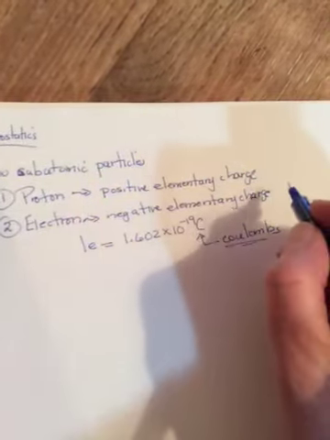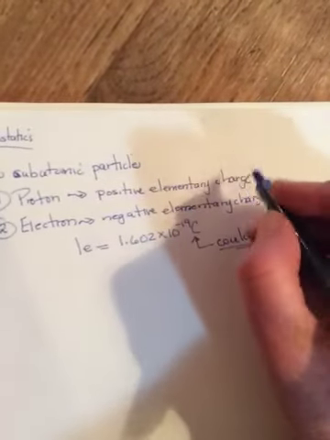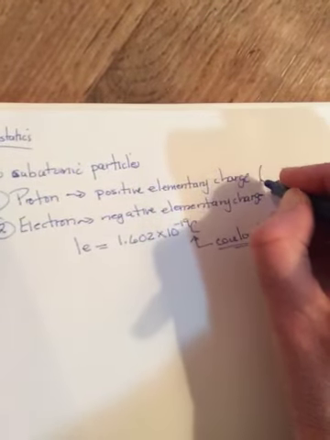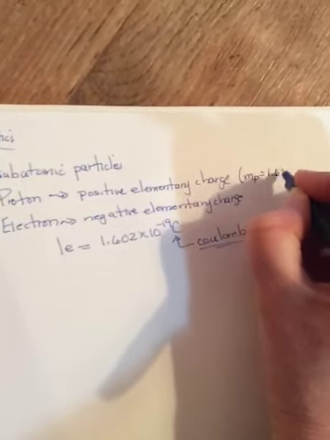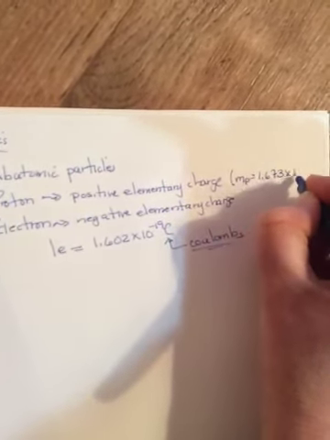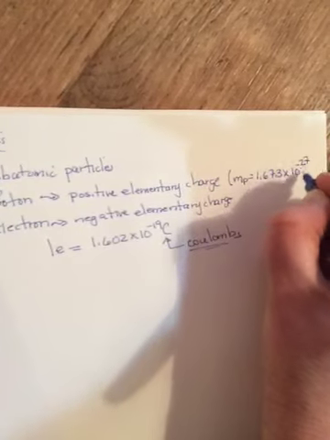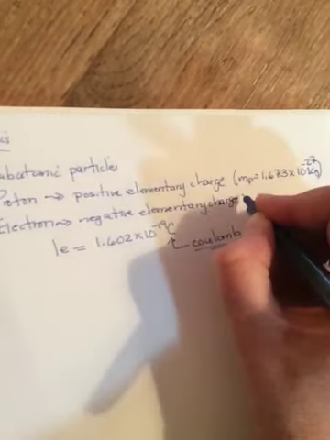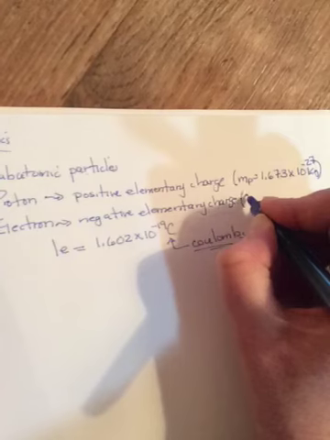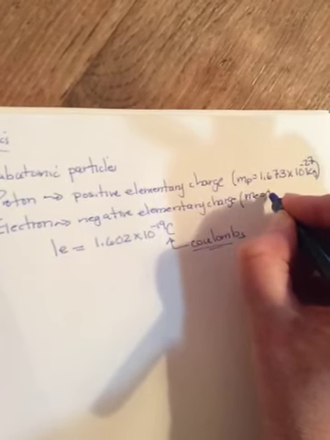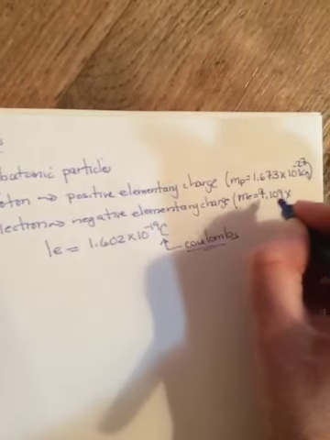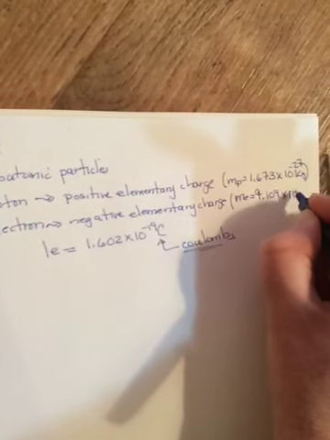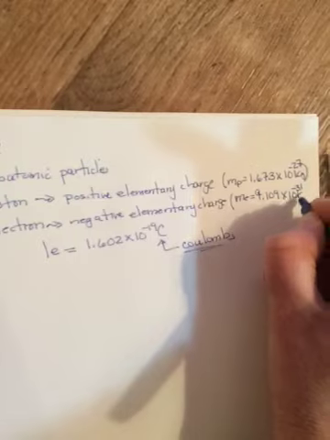Capital C. Now, just in case it comes up in the unit, a proton has a mass of 1.673 times 10 to the negative 27 kilograms, whereas the electron has a mass of 9.109. We usually use 9.11 times 10 to the negative 31 kilograms.